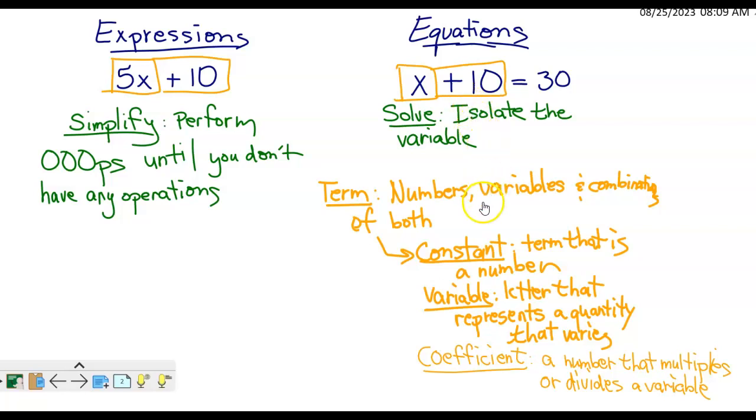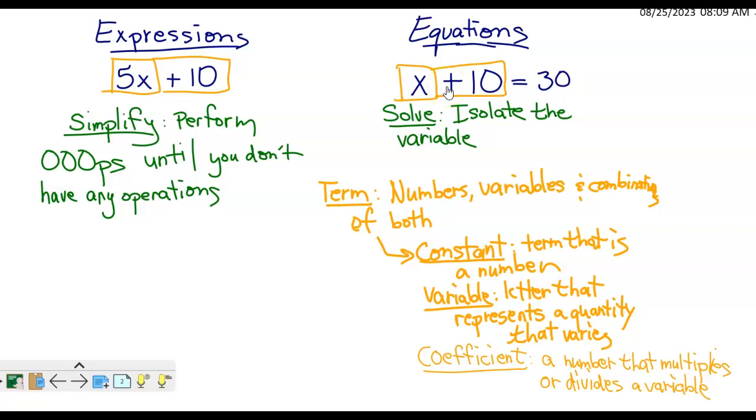Okay, so a term are numbers, they are variables, and they're combinations of both. Alrighty, and they are separated by addition and subtraction signs.